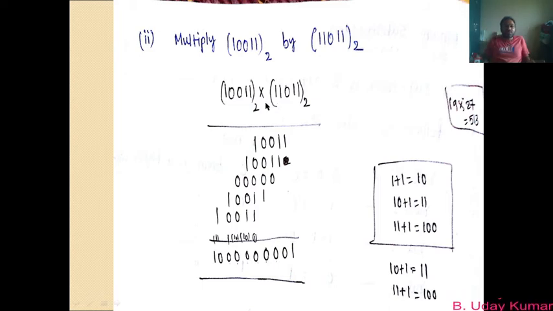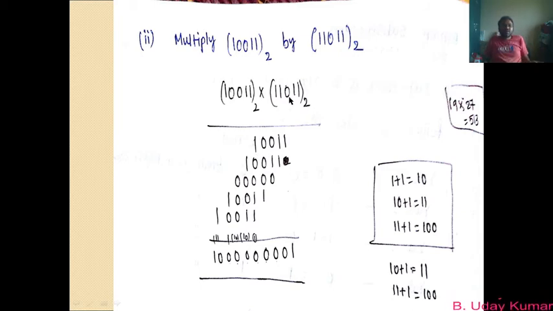So 10011 is multiplied with 11011. First let me take this one and multiply the entire 10011. When 10011 is multiplied with 1, you get the number itself, so you get 10011 only. Next, when this second 1 is multiplied with 10011, again you get the same number, but it starts from the second column.